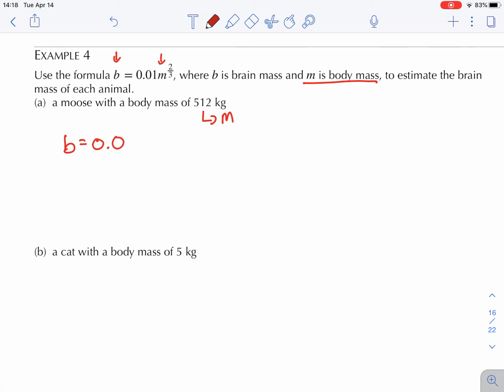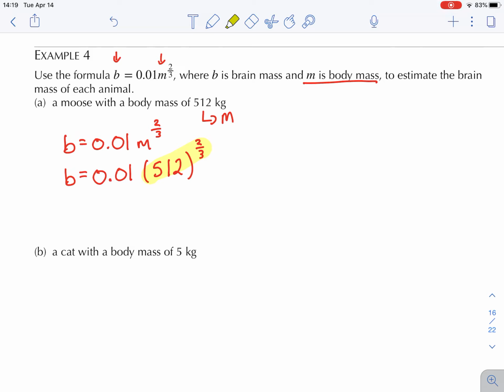So let's write out our formula. B is equal to 0.01 m to the power of 2/3. Now let's fill in our values that we know. 0.01, 512 to the power of 2/3. Now, you should be able to use your calculator and your fractional exponent buttons to do 512 to the power of 2/3 first.